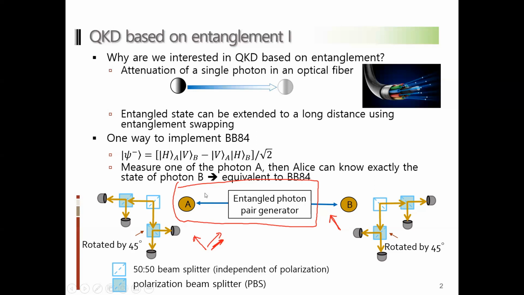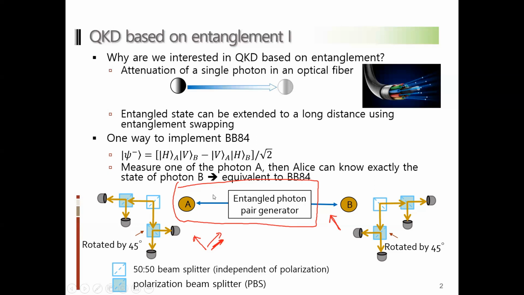As I mentioned, if we choose the measurement basis between the HV basis and then the TA basis... If you remember, when we are transmitting some photon for the QKD BB84, what we had to do is first decide the basis, and second decide what value we will transmit, meaning that we should randomly choose between 0 and 1, so that each of the encoded values will be random and the eavesdropper cannot guess the sequence. And in this case, we don't need to use any random number generator.